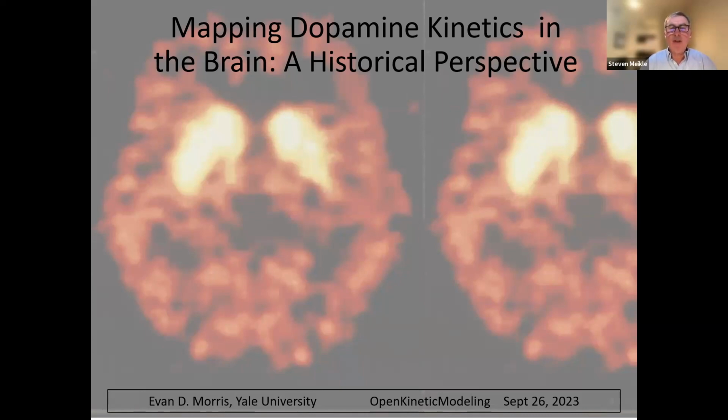Evan received his PhD from Case Western Reserve University in 1991, then undertook postdoc positions at MGH and NIH before moving to Indiana and Purdue and finally to Yale with an overlapping time at in vitro. Evan specialises in using kinetic modelling and image processing to extract physiological information from dynamic PET images. Much of Evan's work is focused on imaging the dopamine and opioid systems in cigarette smokers and alcohol drinkers.